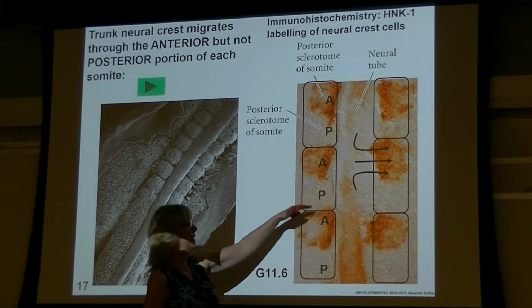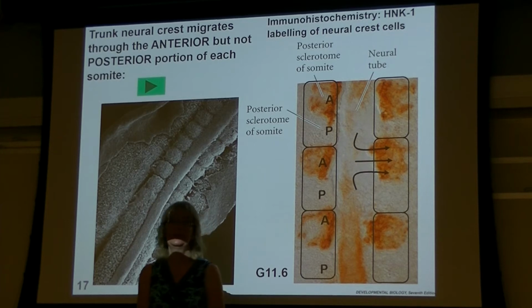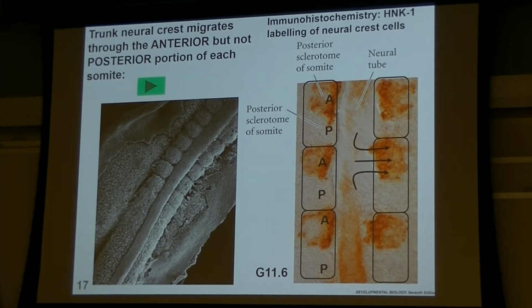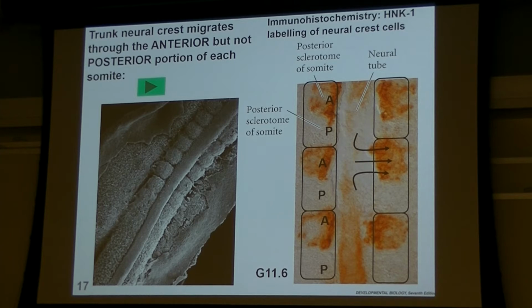These black bars are just showing you where the individual somites are located. And in each case, you see the neural crest positive signal being found in the anterior portion, but not so much in the posterior portion of each somite. So they're quite picky about where they go.